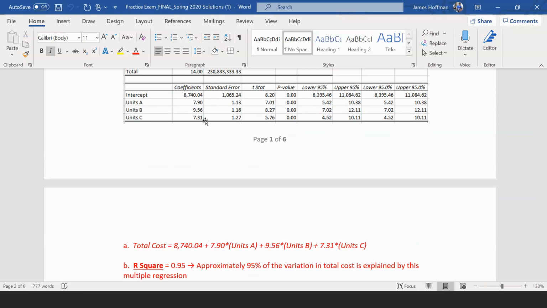So this is the effect of all the separate units. And you can see that it looks like unit B is the most costly to produce, but there's a separate cost or separate average cost for each of the separate units.